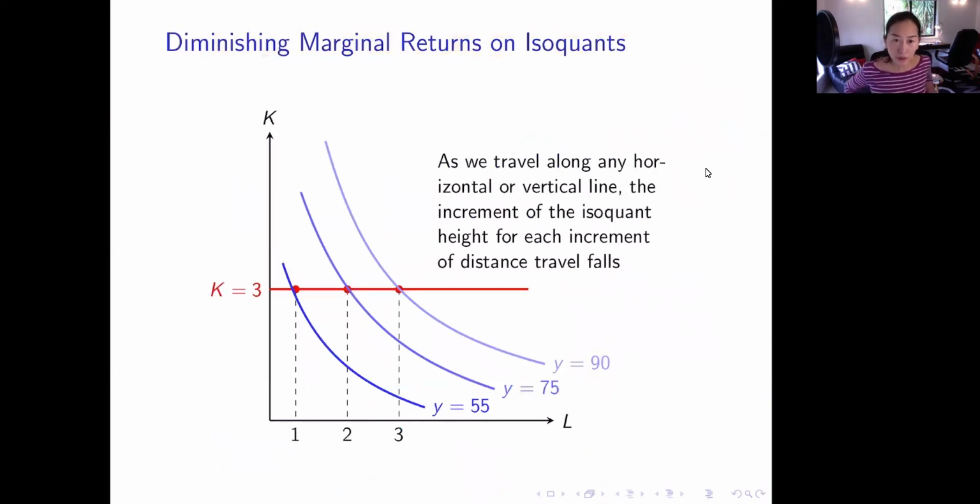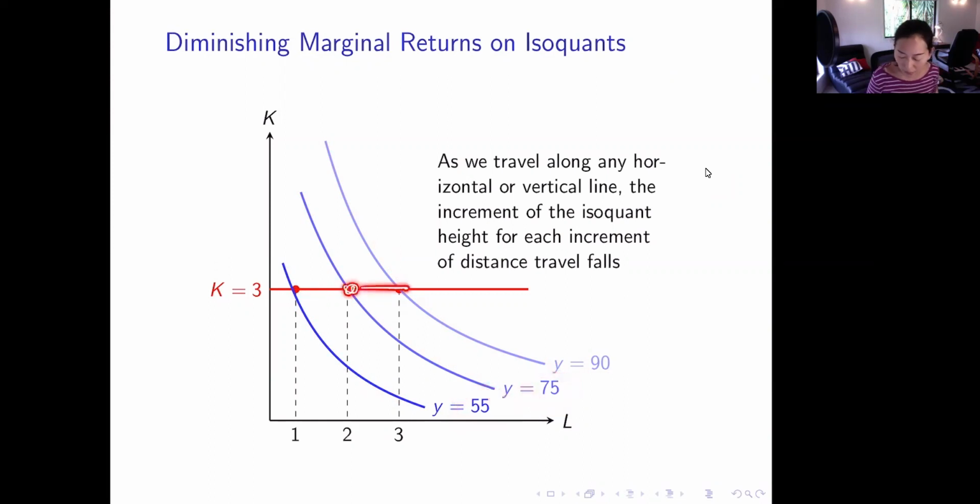Now if you look at this, you can see a series of isoquants. For the first one, the output is 55. The second one, the output is 75. And the third one, the highest, the output is 90. To move from this to that, the output increases by 20 units.